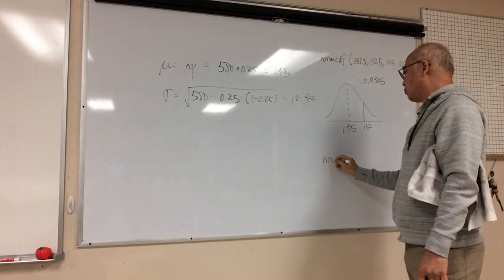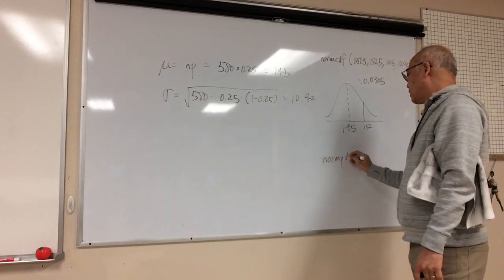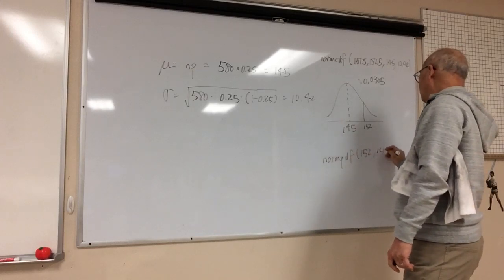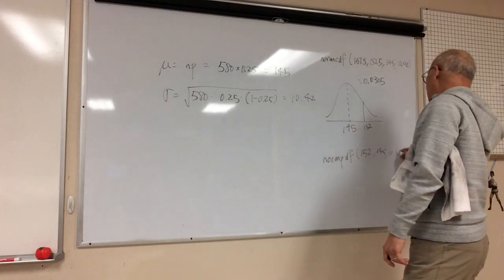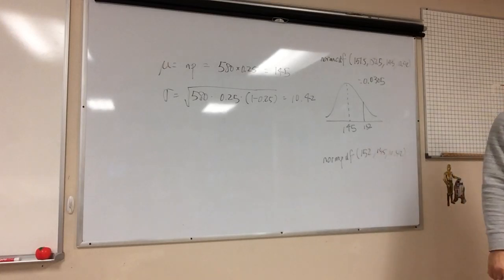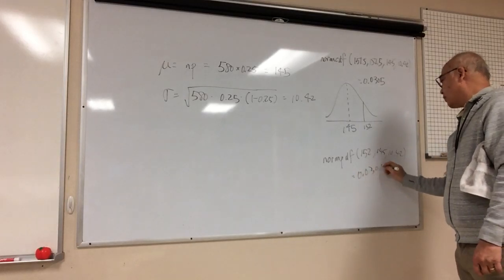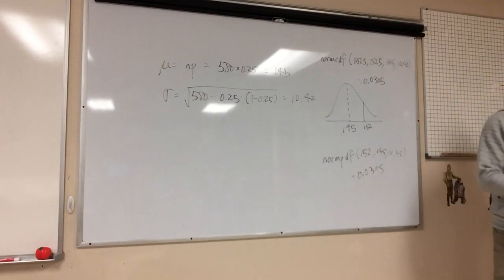Somebody do this for me: normalpdf of 152, with a mean of 145 and 10.42.